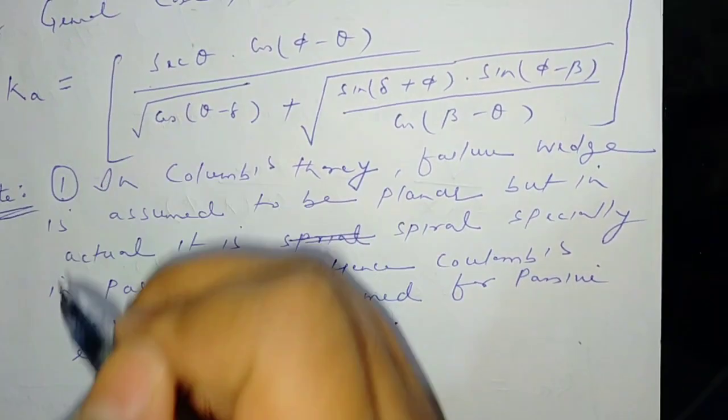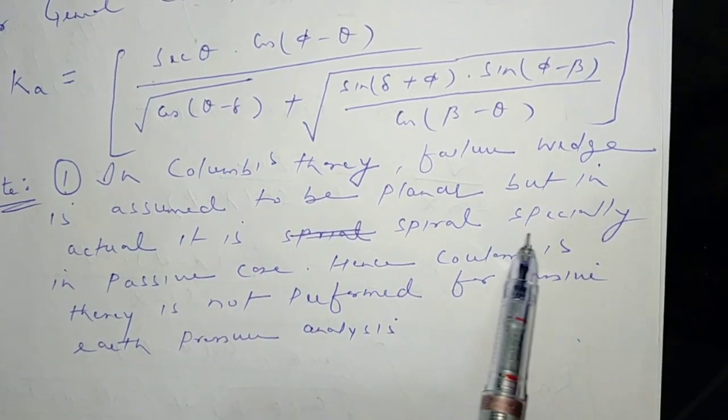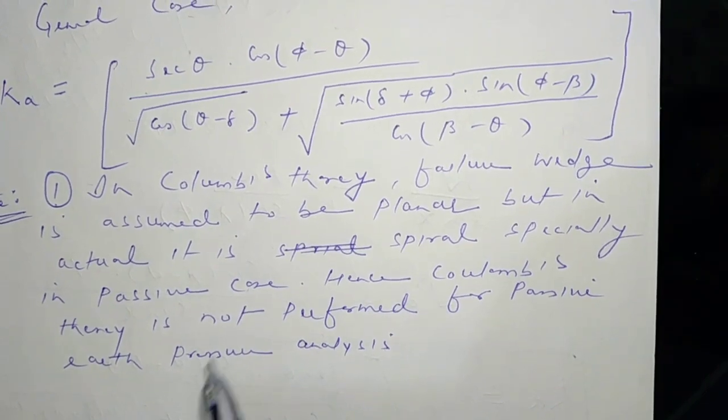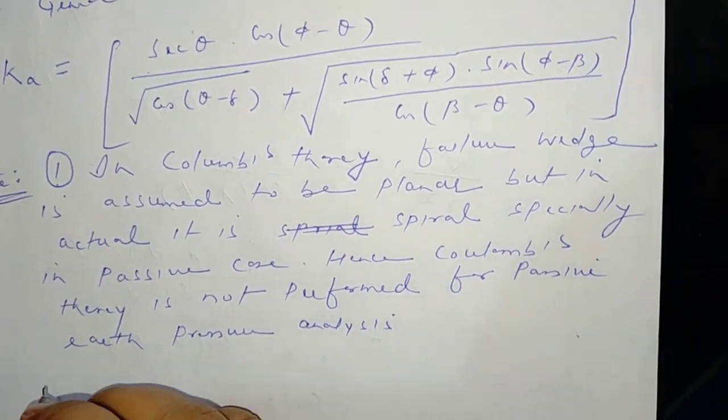First note, Coulomb's theory, the assumption was the failure wedge is assumed to be planar, but in actual it is spiral, especially in case of passive. So Coulomb's wedge theory is not performed for passive earth pressure.